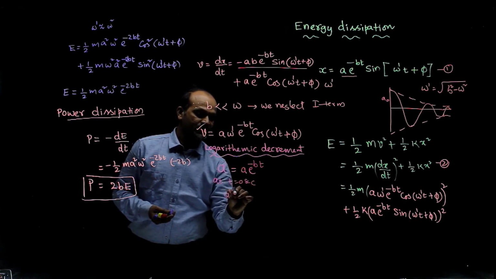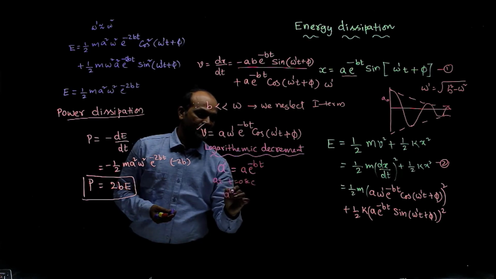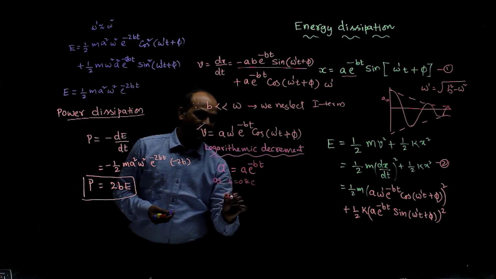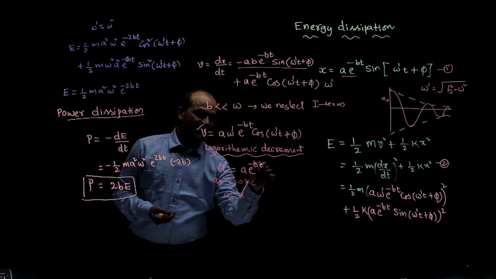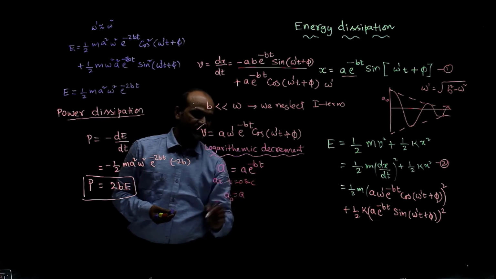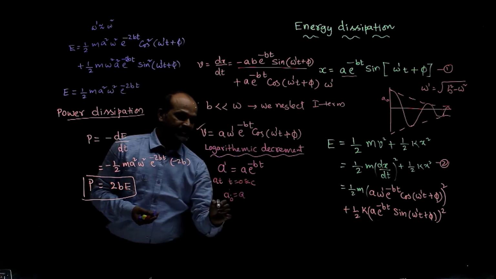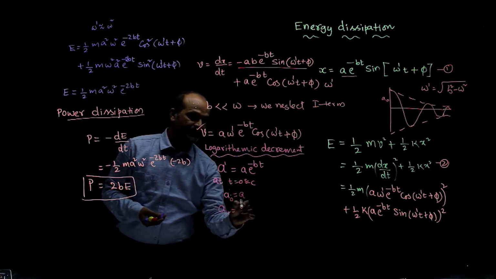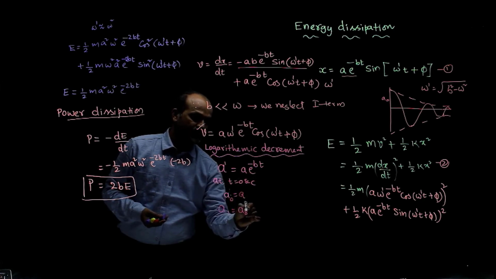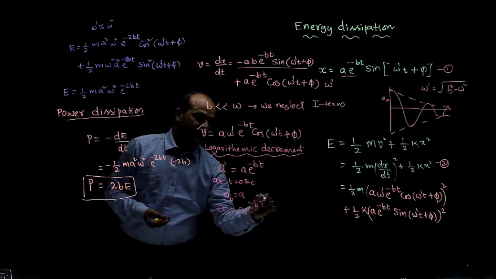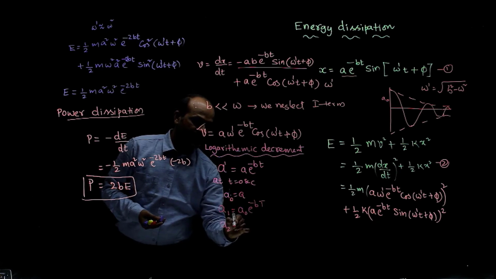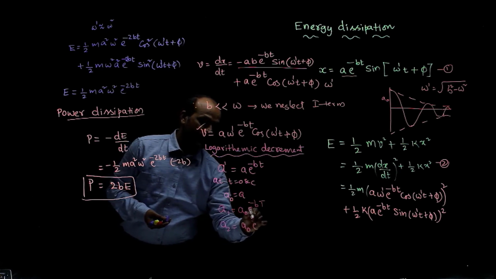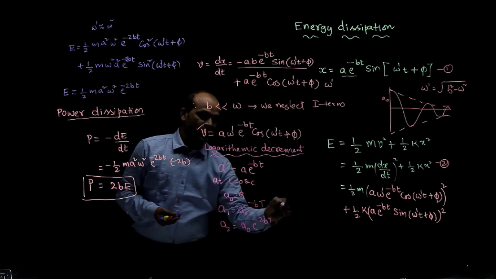A dash is equal to, let me write it as A naught. Let us substitute A into e power minus b into 0, that is A. Similarly, the amplitude after one time period, A1, is A into e power minus bT, where T is the time period. Similarly, A2 is A e power minus 2bT, and so on.